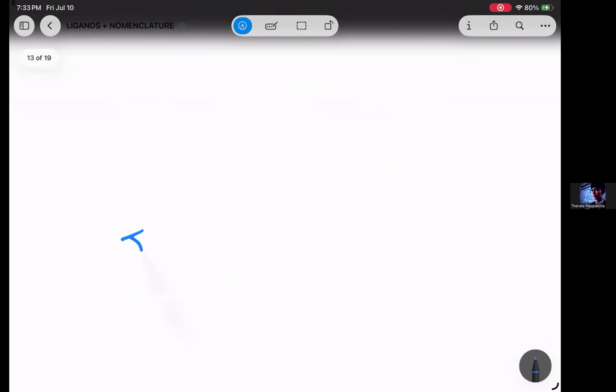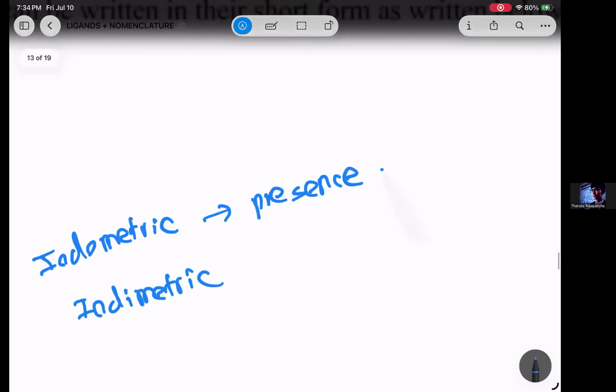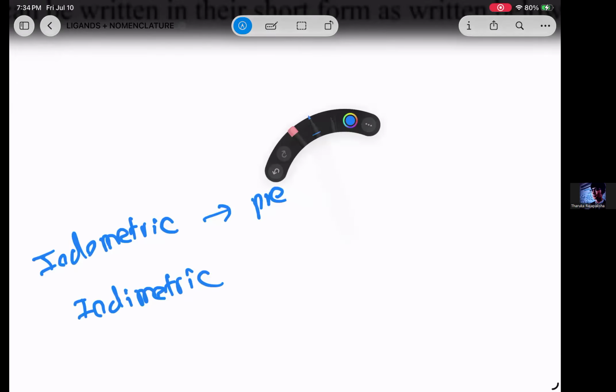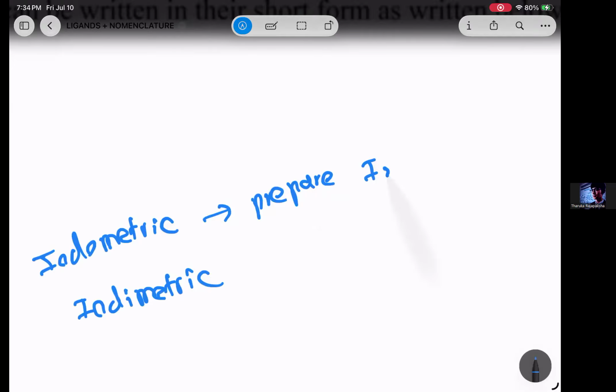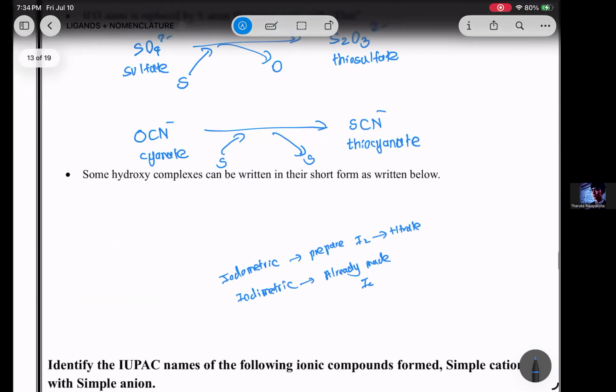In iodometric, you prepare the iodine and then titrate. In iodimetric, you are titrating with already made I2.